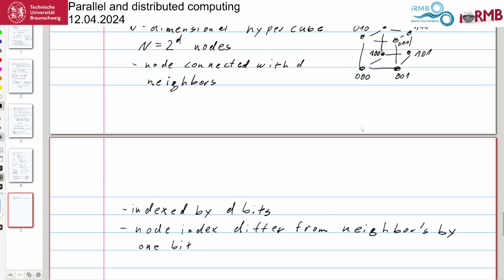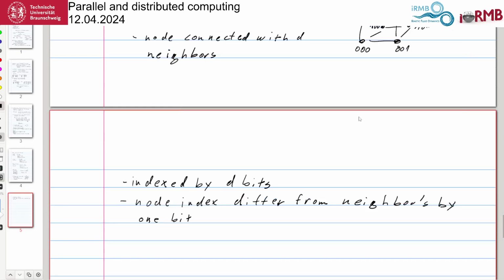Now the problem with the network is you don't always want to talk to your neighbor, you want to talk to something that is further away. And the question is how to get there.